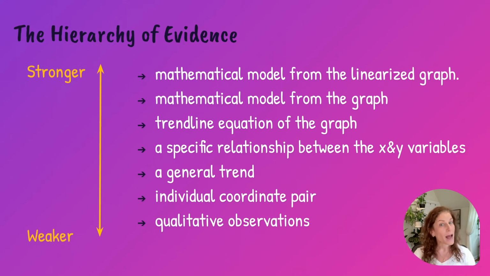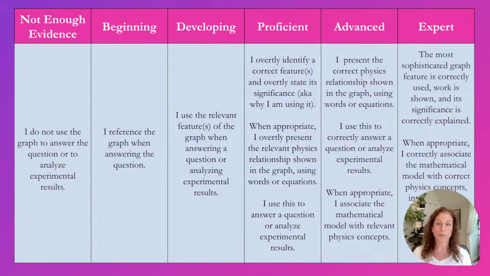It doesn't mean they're bad. If all you can do in a particular problem is use a coordinate pair, then use it. However, if you can use the mathematical model, then you should use that. You'll notice that area under the curve is not on here. Area under a curve is strong evidence when that's what's appropriate.